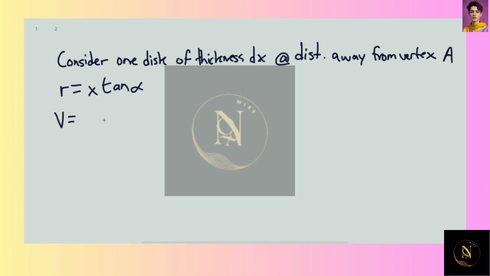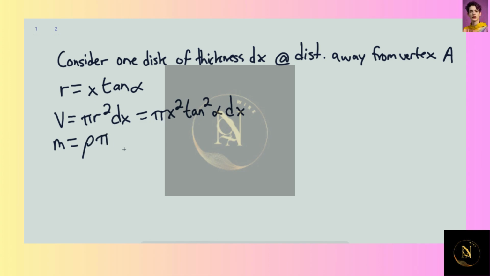So the volume of this piece would be, of course, pi r squared times the thickness, dx, and then we can plug in for r and say that this is going to be pi x squared tan squared of alpha dx. At this point, we can say that the mass of this disk is going to be equal to rho times pi x squared tangent squared of alpha times, again, dx.